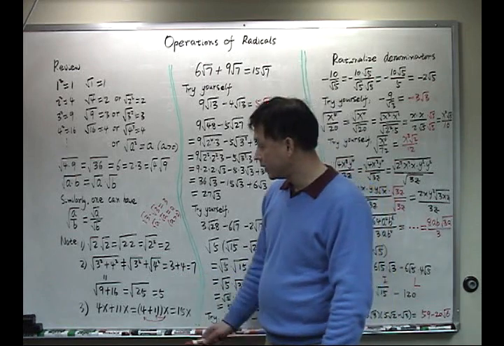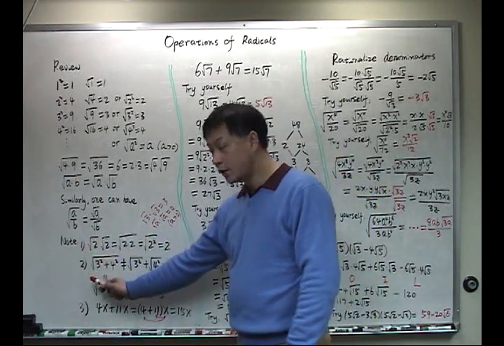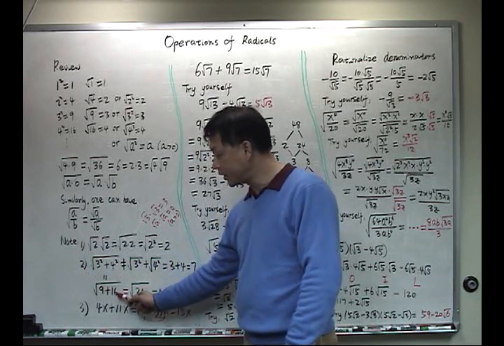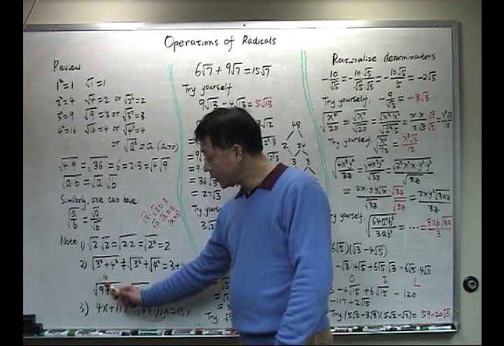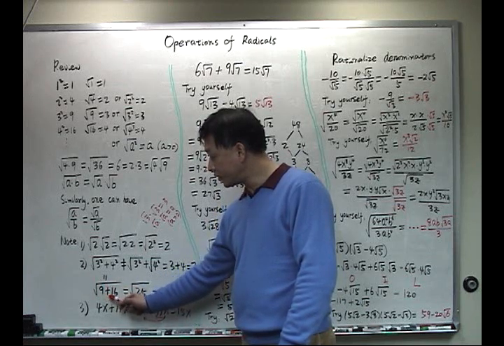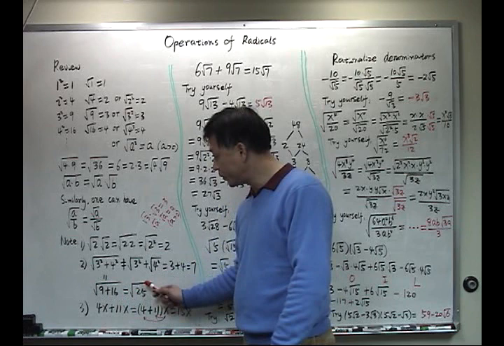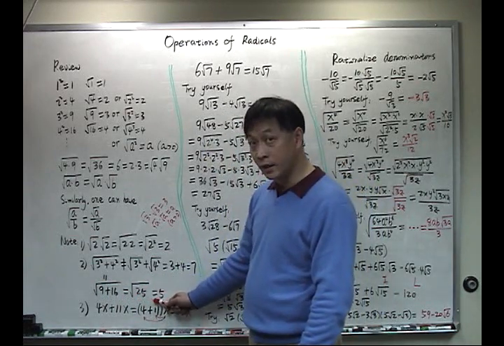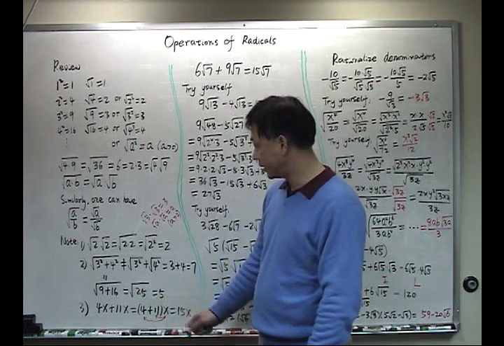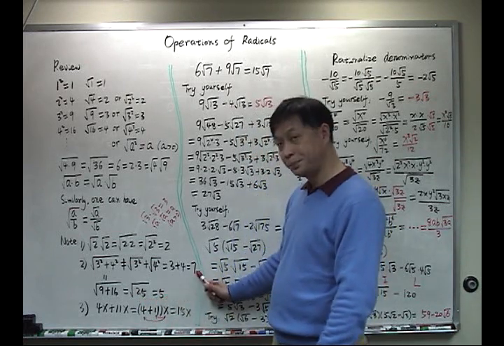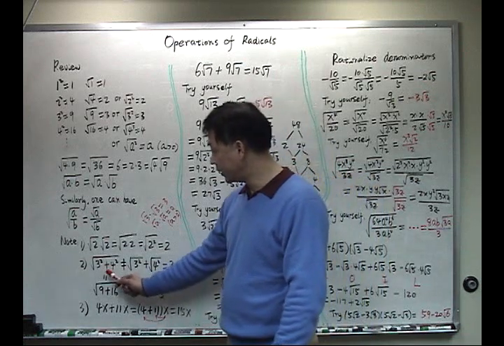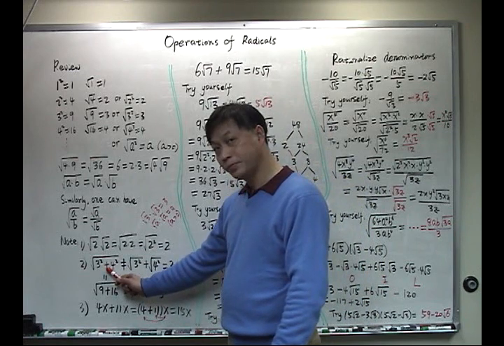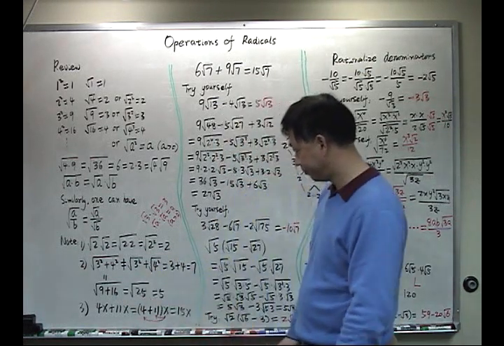But inside, 3 squared is 9, 4 squared is 16, 9 plus 16 is 25, and radical 25 is 5. 5 does not equal 7. So that's why you cannot separate this plus or minus.